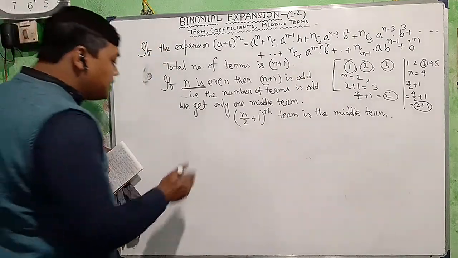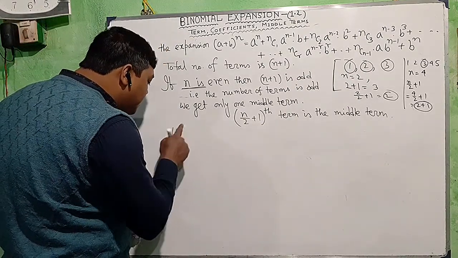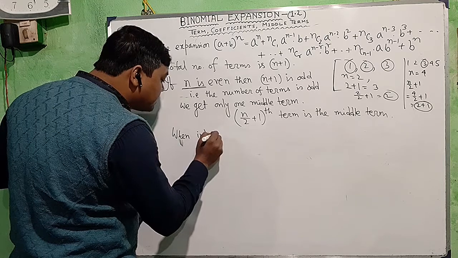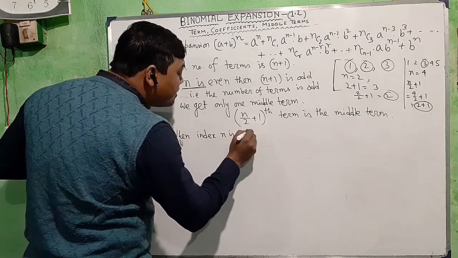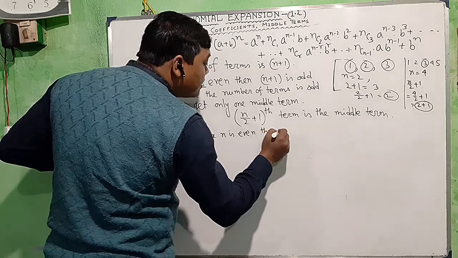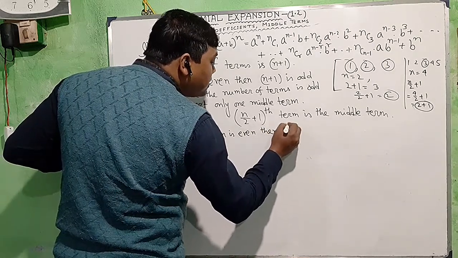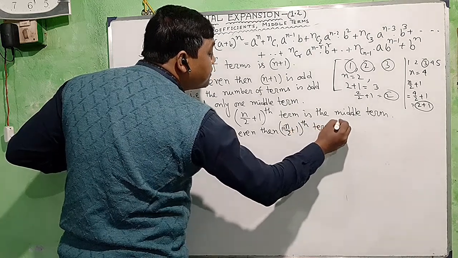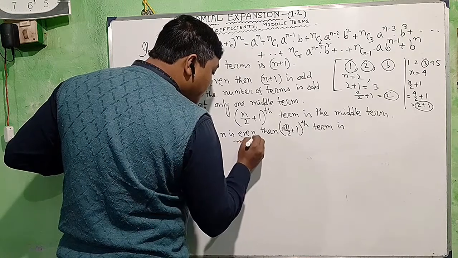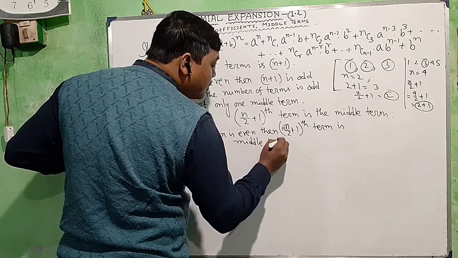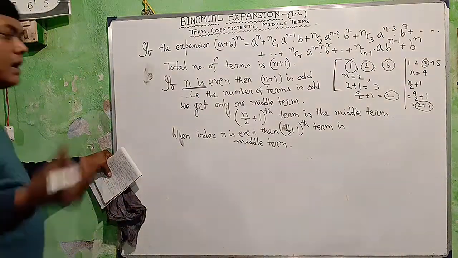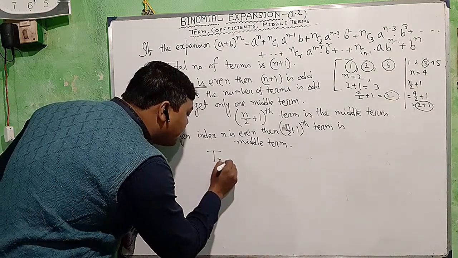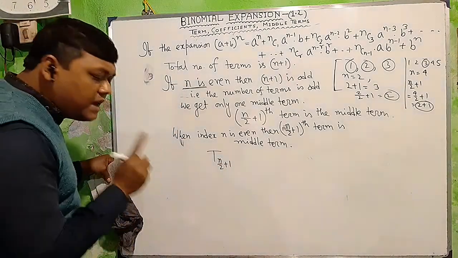So it will match. The middle term is when the index n is even, then the (n/2 + 1)th term is the middle term. Any term you can calculate; we have already learned how to calculate a term. So that is T(n/2 + 1).